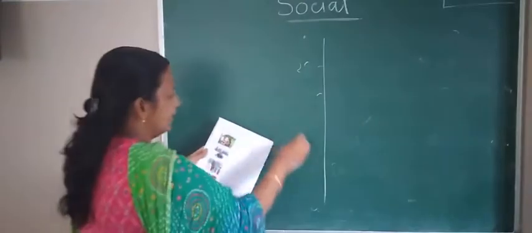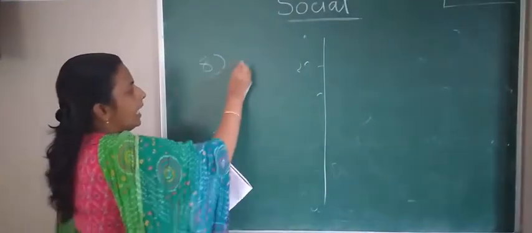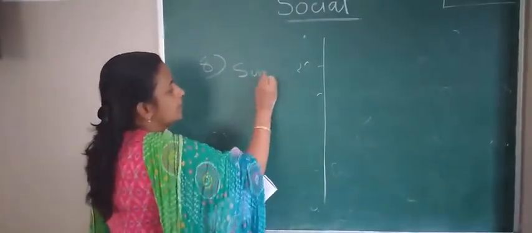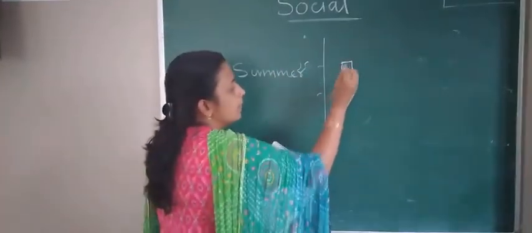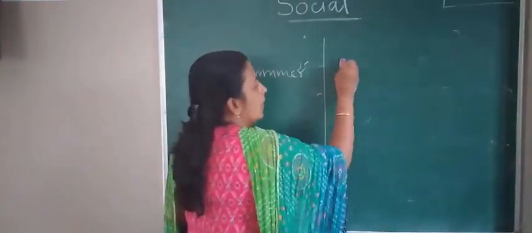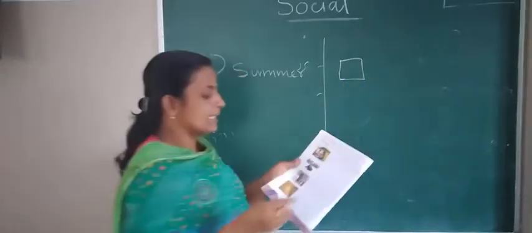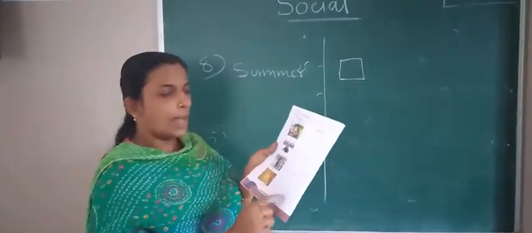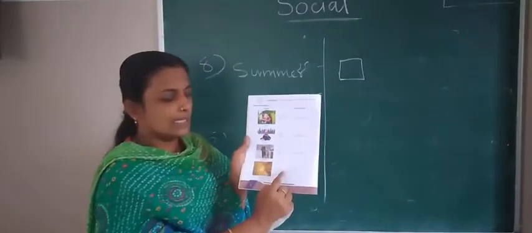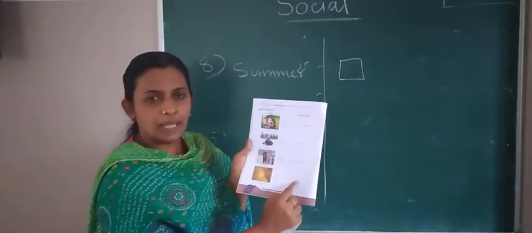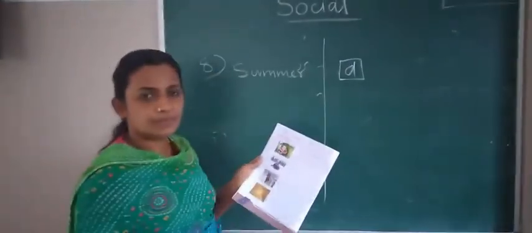For example, 8th one, summer season, and one box is there. You have to write April to May. Correct answer, summer season in India. Summer season is experienced in the April to May months. So you have to write here D.